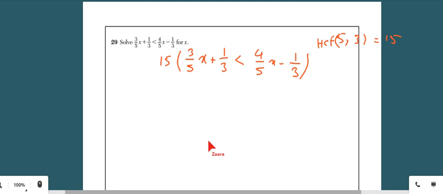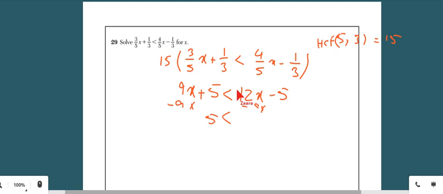Okay, so 5 times 3 will become 15, and 3 times 3 will become 9x, and 15, 3 times 5 is 15, and 5 times 1 will become 5. It is less than 5 times 4 is 20, 3 times 4 is 12x, and 3 times 5 is 15, and 5 times 1 is negative 5. So let's subtract 9x from both sides. By doing that, you will be left with 5 on the left side, and 12x minus 9x is 3x, minus 5.